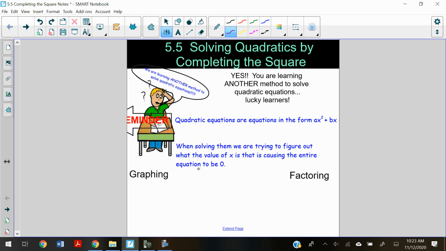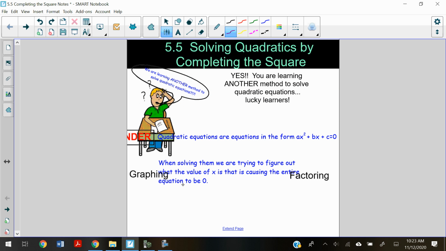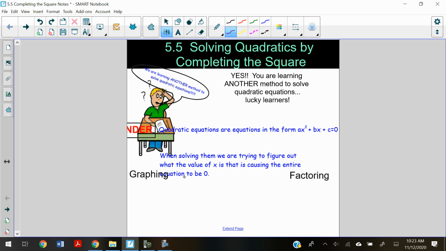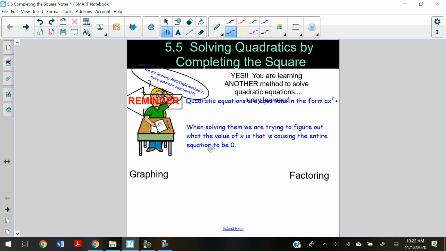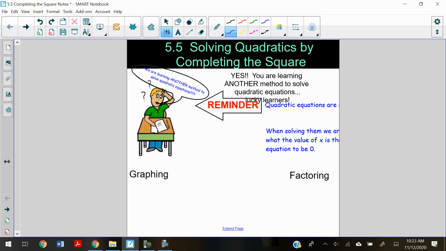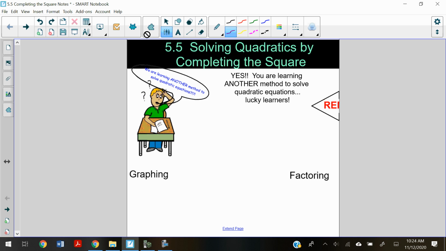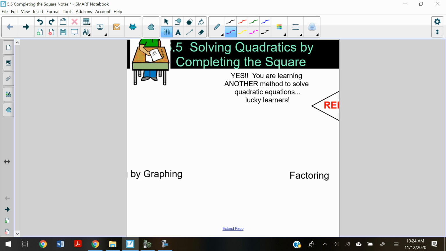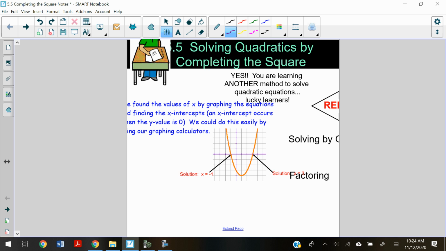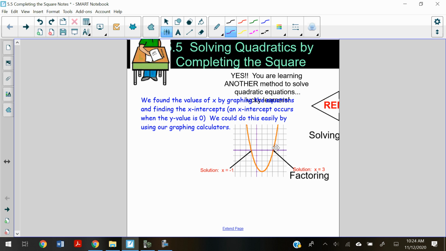Quadratic equations are ax squared plus bx plus c equals 0. When we're solving them, we're trying to figure out what value of x is causing the entire equation to equal 0. When we do graphing, we're looking for where the graph crosses the x-axis, what x gives me y equals 0.